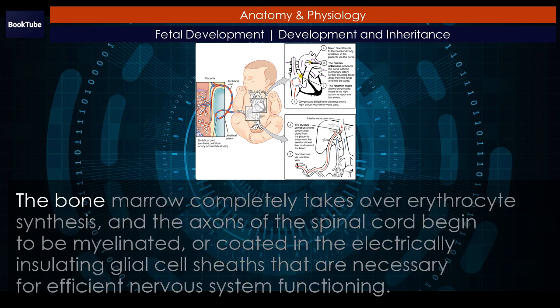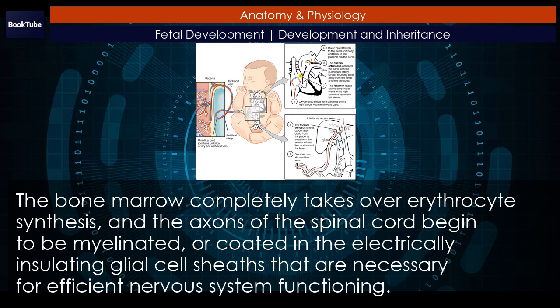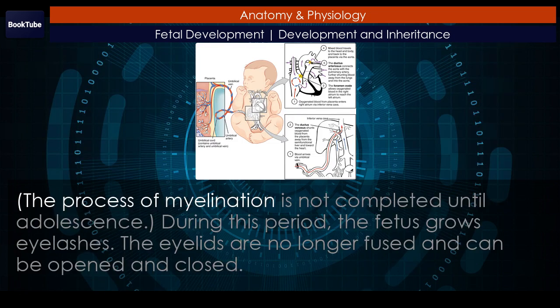The bone marrow completely takes over erythrocyte synthesis, and the axons of the spinal cord begin to be myelinated, coated in the electrically insulating glial cell sheets that are necessary for efficient nervous system functioning. The process of myelination is not completed until adolescence.